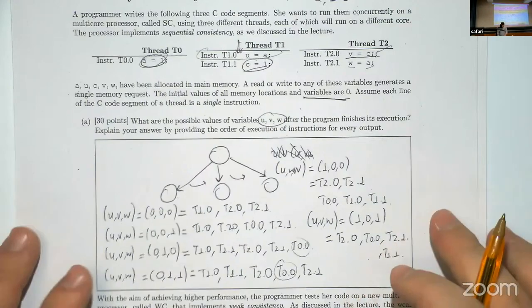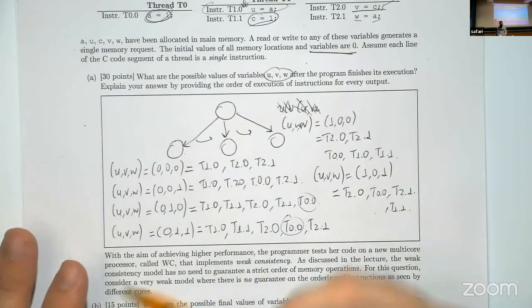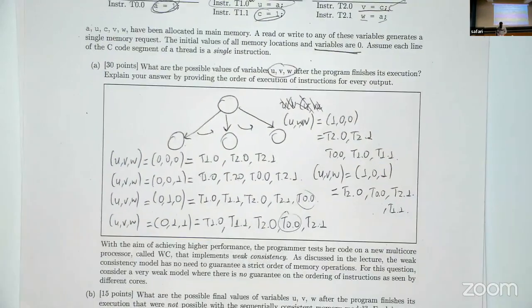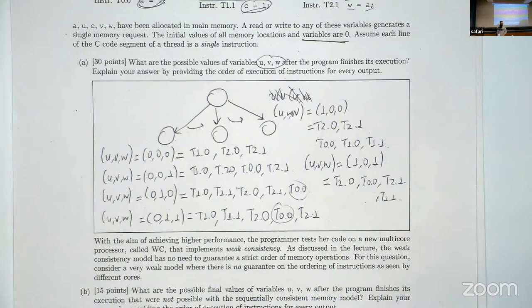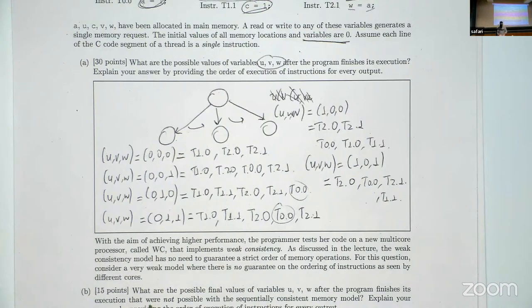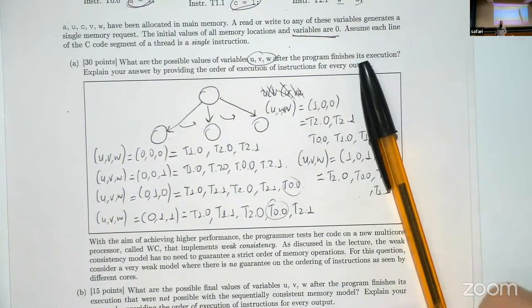And why it's an impossible scenario? Because the next question asks this, basically. What are the possible final values of variables U, V, and W after the program finishes when you have a weak consistency model where you can reorder instructions? This is not possible using the sequentially consistent memory model. What does this ask?